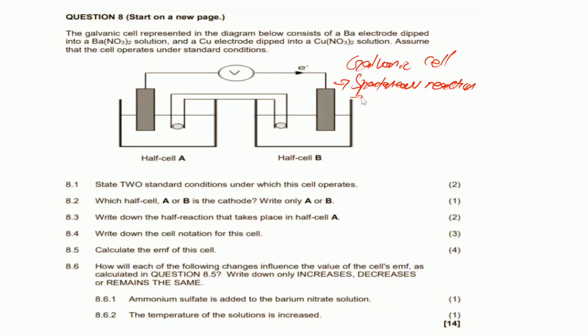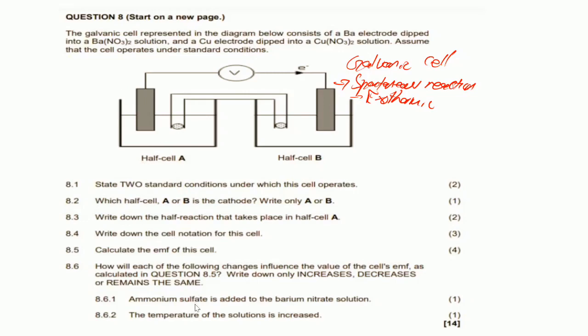Spontaneous reactions are by nature exothermic reactions. So what happens to an exothermic reaction when you increase the temperature? We know that the only reaction that favors an increase in temperature is the endothermic reaction. An exothermic reaction is always against an increase in temperature.